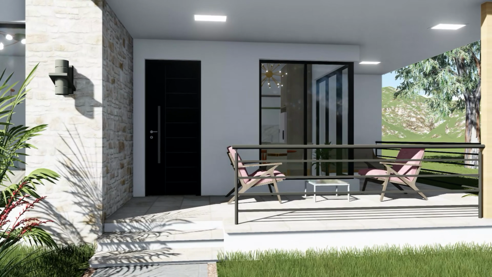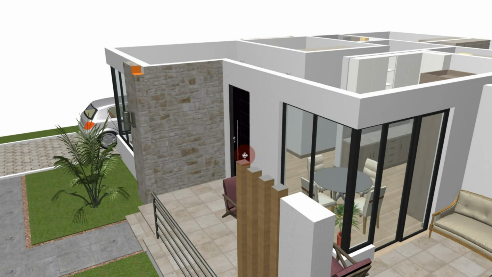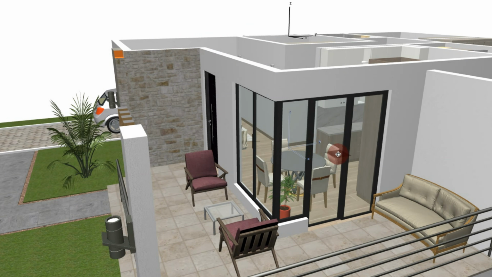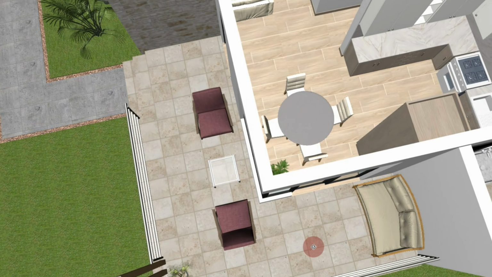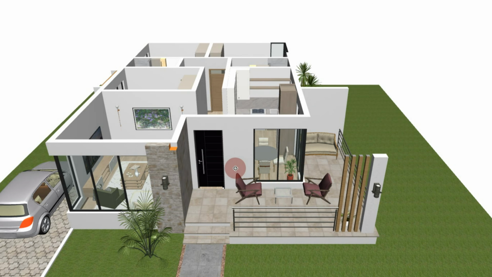We left it at the entry point, which is this door here. This is the front porch where you can access from this door, or from this other door here from the dining area.